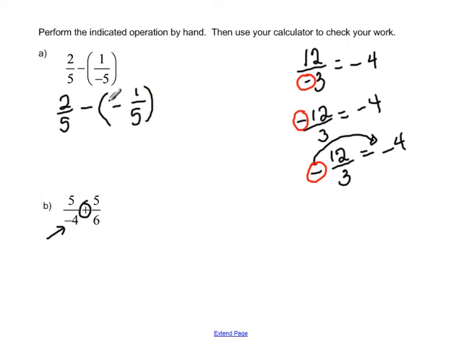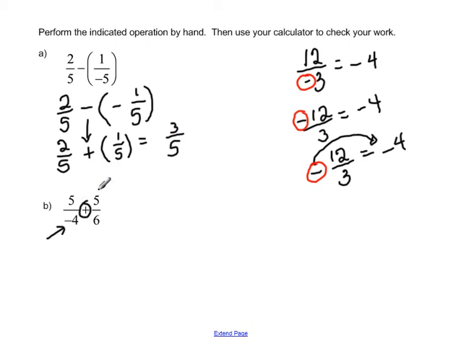I know when I subtract a negative number, that's the same as adding the opposite. The opposite of a negative is a positive, so this is the same thing as 2/5. Remember we said that subtraction becomes addition, and the opposite of negative 1/5 is positive 1/5, so 2/5 plus 1/5 would just give us 3/5.